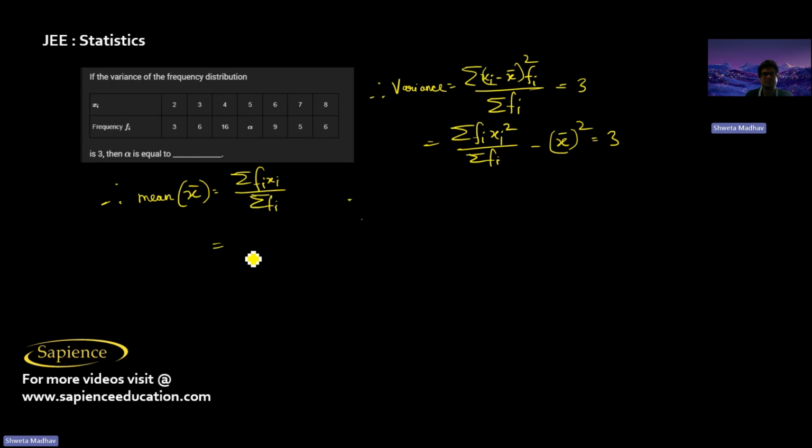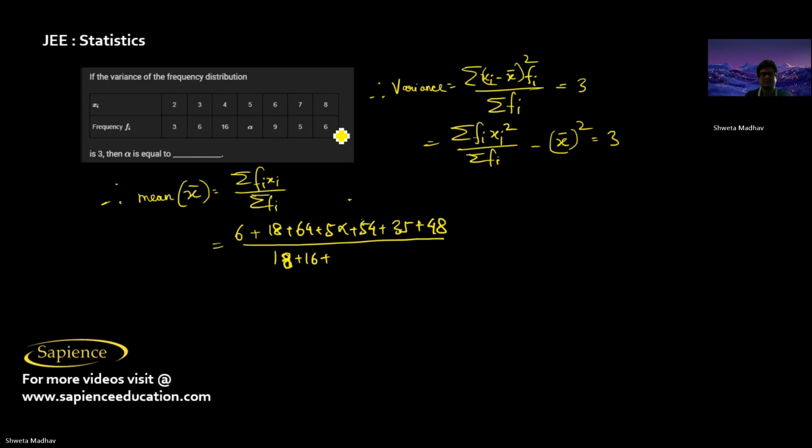So that will be 2 into 3, that is 6, plus 6 into 3 is 18, plus 16 into 4 is 64, plus 5 alpha, plus 6 into 9 is 54, plus 7 into 5 is 35, plus 6 into 8 is 48, divided by summation of fi, that is 3 plus 6, that is 9, plus 16 is 25, plus 5 plus 6, that is 11, plus alpha.